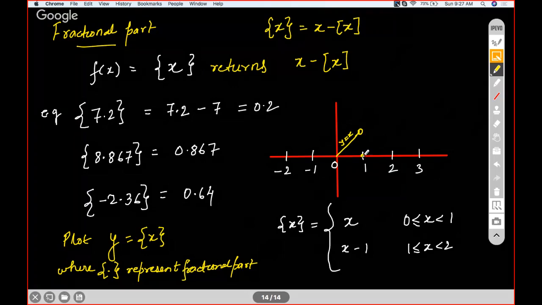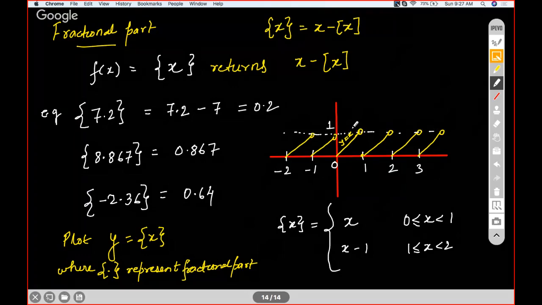Oh, nice. So now it will appear like this. And if you follow the trend, it will keep on going like this. So this will be the graph of the fractional part function. What is the value that it tries to approach here at the tip?